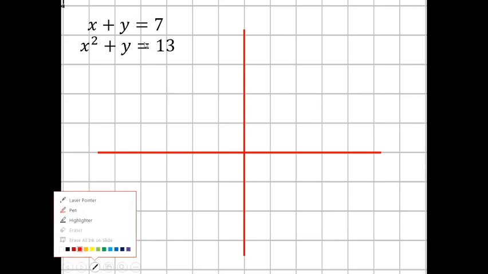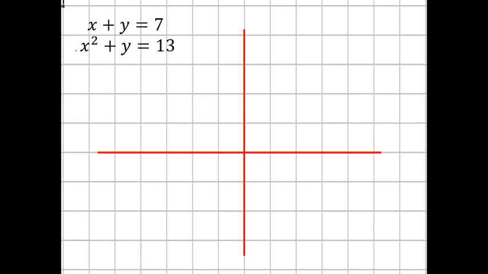In this case, if we look at here, x squared plus y equals 13 gives me y equals 13 minus x squared, which gives me something like that if I'm drawing it. And x plus y equals 7 gives me something like that.